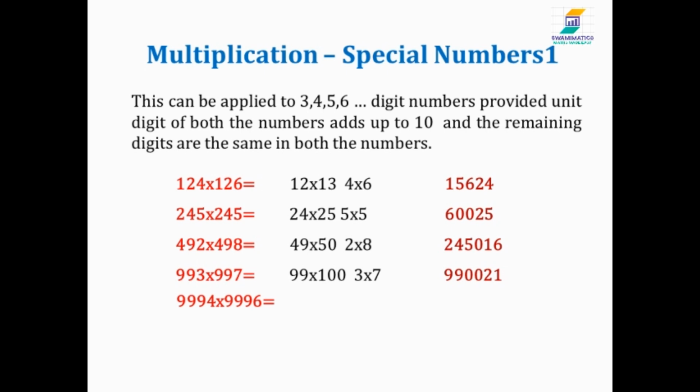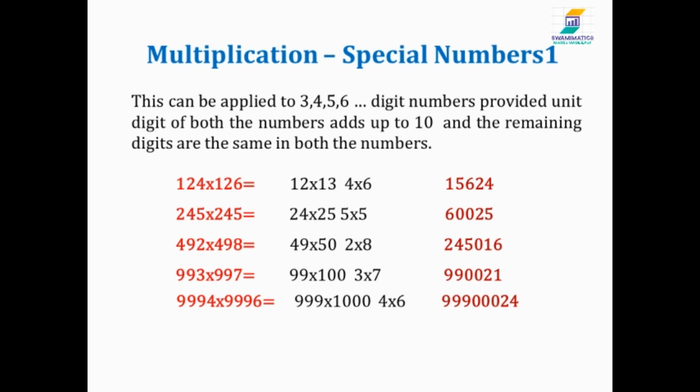Four-digit numbers, 9994 into 9996. 4 plus 6 is 10, so 999 into 1000, which is 999 followed by 3 zeros, then 4 into 6 is 24.